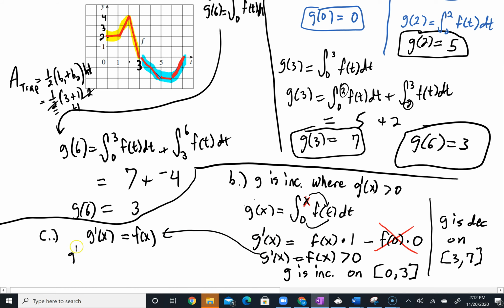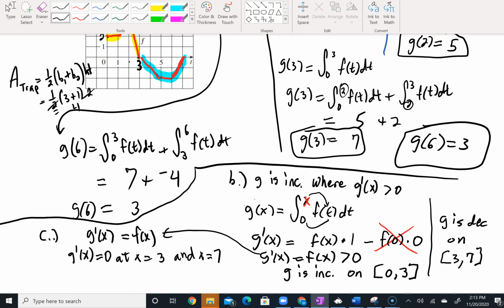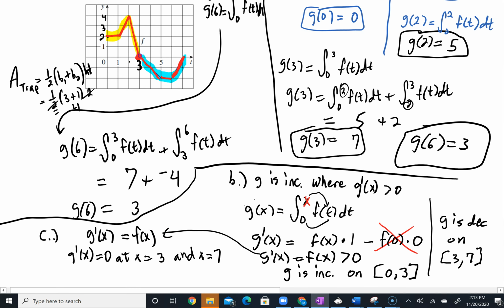And G prime is 0 at x equals 3 and x equals 7. You'd say, well, how do you know that? Well, f is equal, and I'm going to make a big red dot right here, f is equal to 0 right here and also right here.